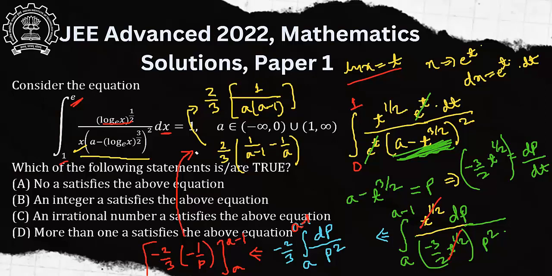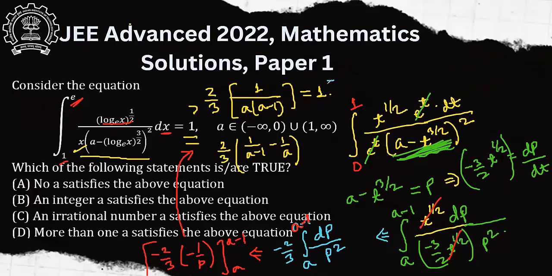This is given to be equal to 1. That gives me an equation in terms of a. This is a quadratic equation in terms of a. We can solve this. So if I solve this quadratic, what I'm getting is 2 is equal to 3a square minus 3a, that is 3a square minus 3a minus 2 is equal to 0.